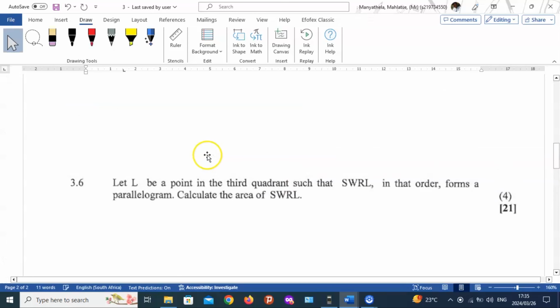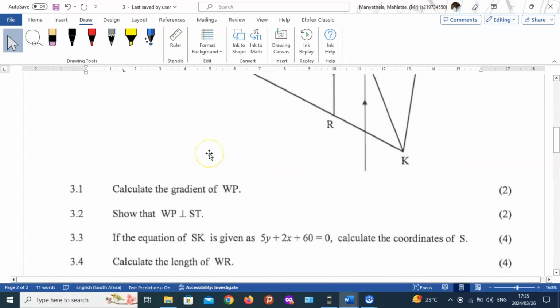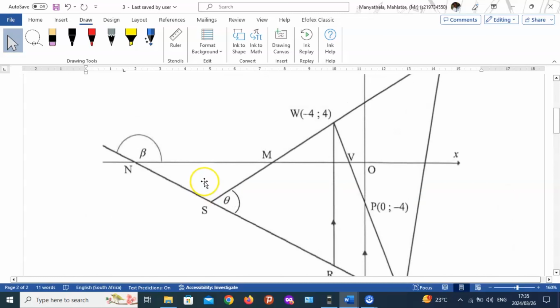Okay, let's proceed. Show that WP is perpendicular to ST. When they say WP is perpendicular to ST, they simply mean that where these two lines meet, they give us a 90-degree angle.